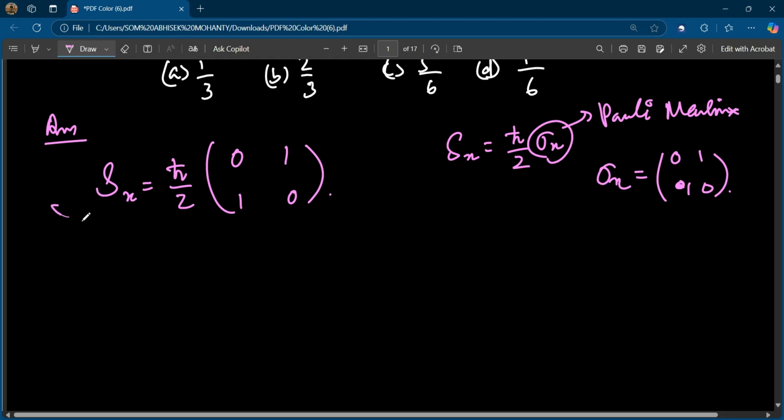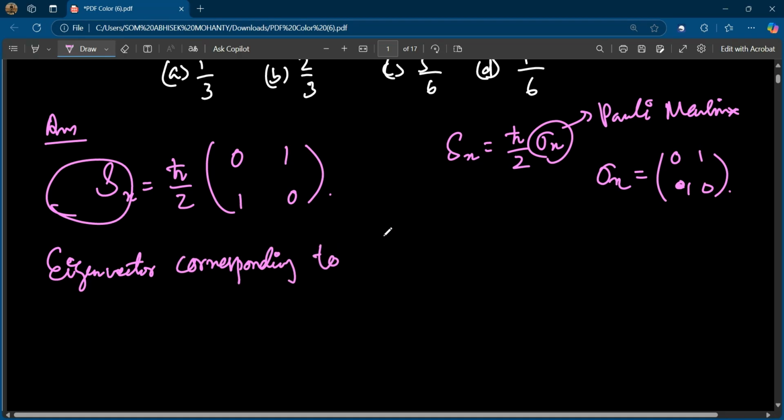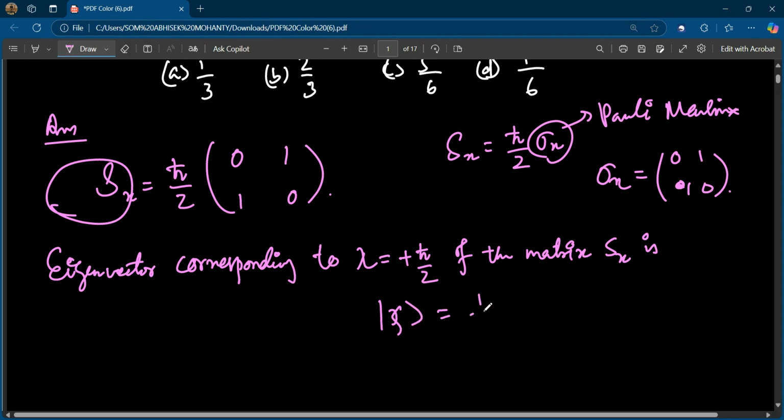So the eigenvector corresponding to Sx with lambda equal to plus h cut by 2 would be what? Remember this one: the eigenvector is 1 by root 2 times (1, 1).